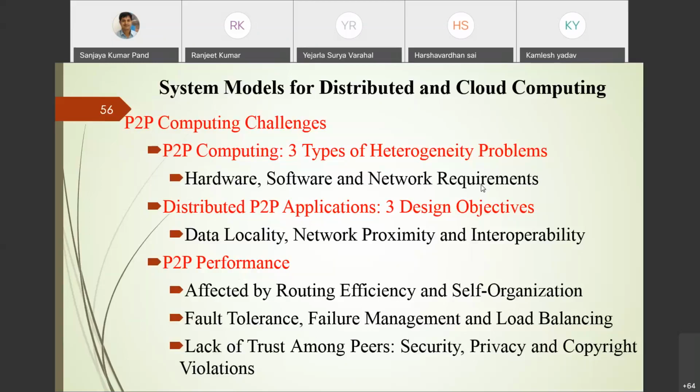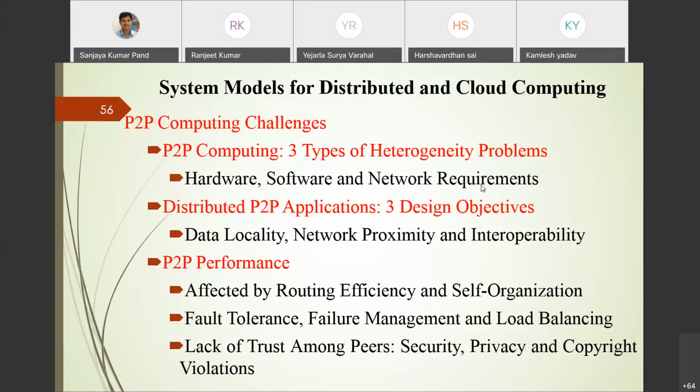If you go for distributed systems, there are three design objectives. One is data locality, right? The data required for computation should be available so that you can compute your work. If it is not at a particular place, then the machines will lead to system inefficiency. Network proximity means close to each other.